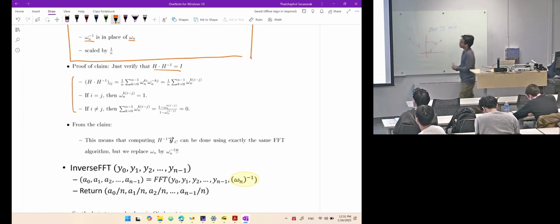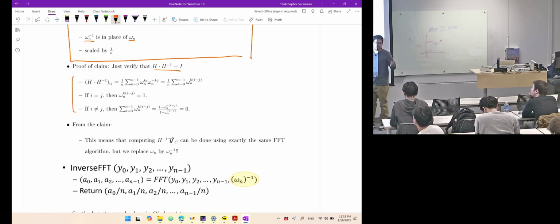Once you know this, it means that if we want to multiply any vector by H inverse, it's basically the same. You can do the same algorithm as in the fast Fourier transform algorithm, except that you just replace omega n by omega n inverse. Just use the same algorithm and replace everything, replacing omega n by omega n inverse, and you're done.